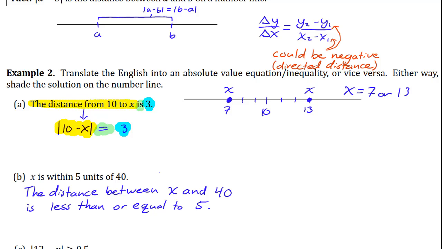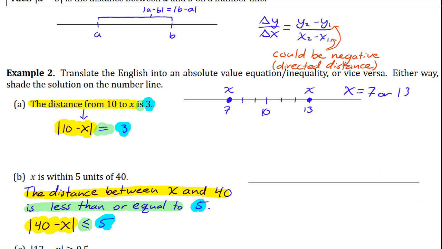So let's rephrase this. When we say the distance between x and 40, you can write that as x minus 40 in absolute value or 40 minus x, doesn't matter. That is less than or equal to 5. And 5 is 5. There. Okay, so what does this look like on a number line?